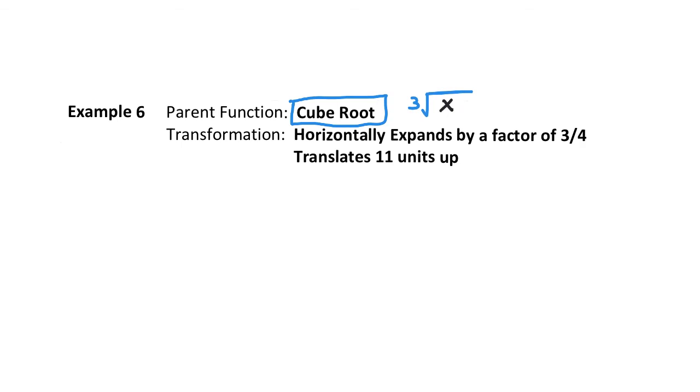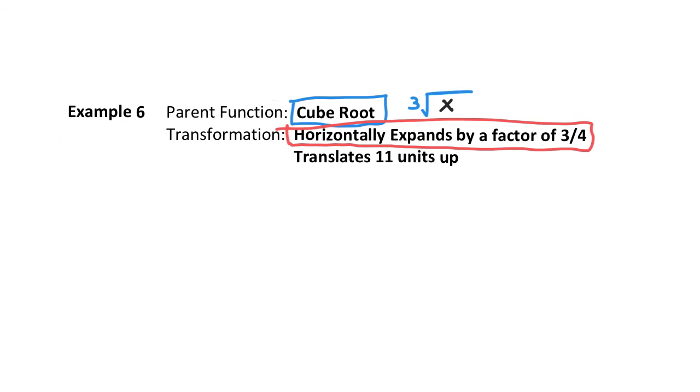Then we're going to horizontally expand by a factor of 3/4. So horizontal expansion or dilation means that we're going to put the 3/4 inside.